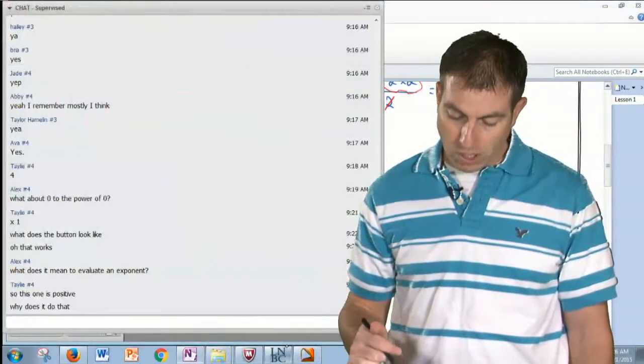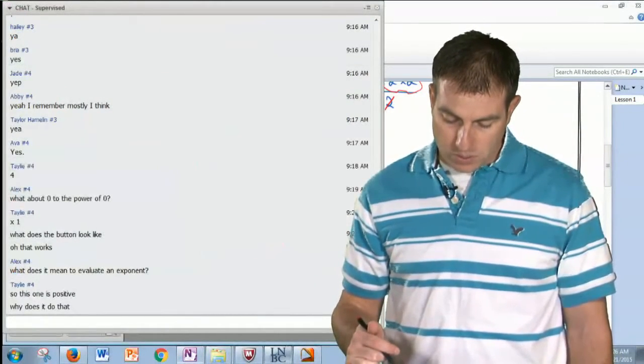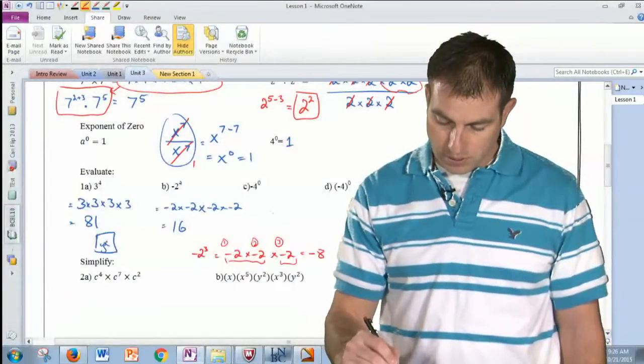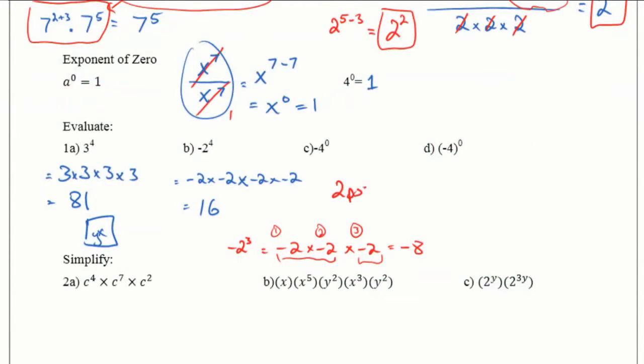Taylor's asking the why. So this one's positive. Why does it do that? If I have two positives, or two negatives, sorry, that gives me a positive. If I have 3 negatives, I get a negative, because the first two are going to give me a positive, and then the third one is going to be the negative.